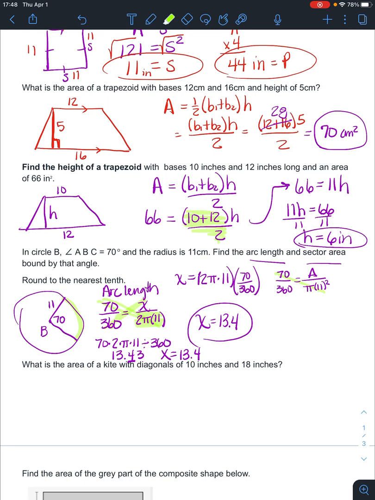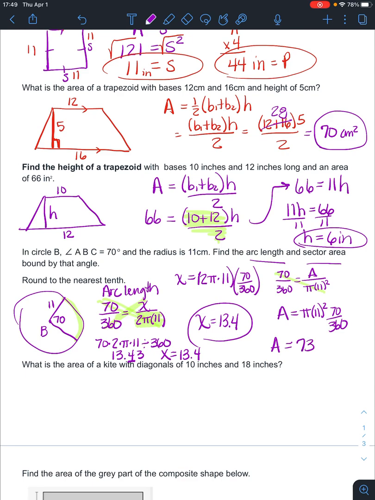So you would type in 70 times pi times 11 squared and divide by 360, or if you use the formula, then you would get the area of the sector is pi r squared times 70 over 360. So either way, you do pi times r squared times 70 divided by 360. You're going to do the same math regardless of how you set it up.